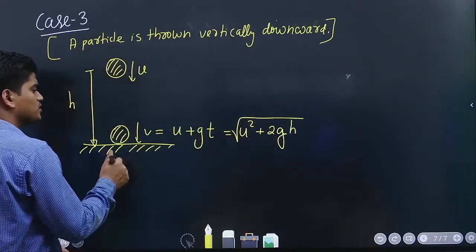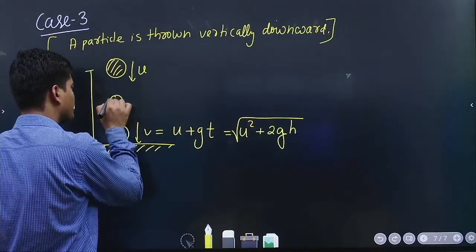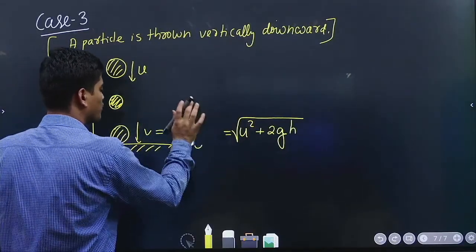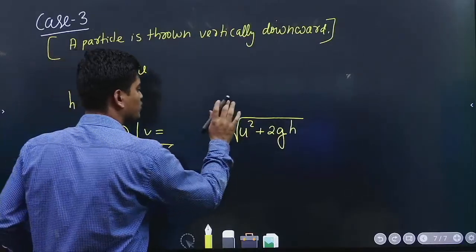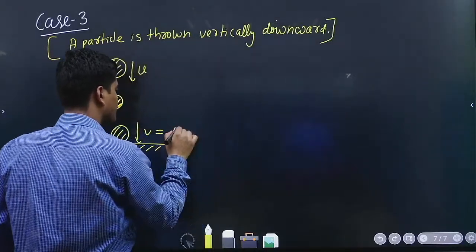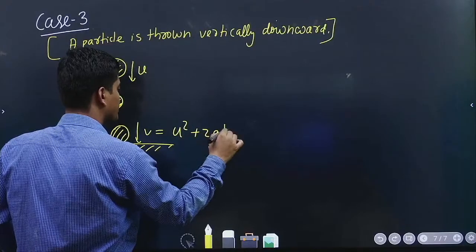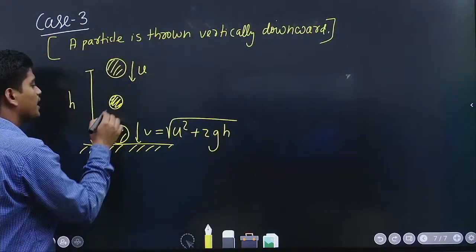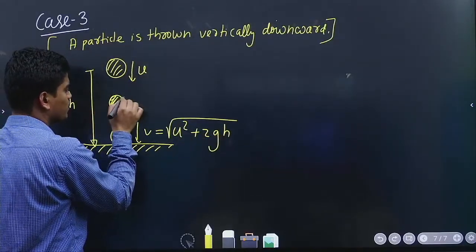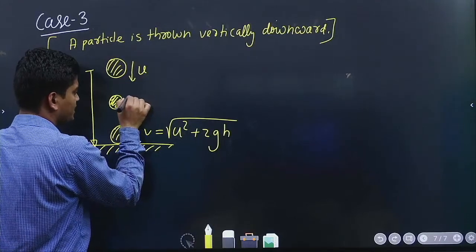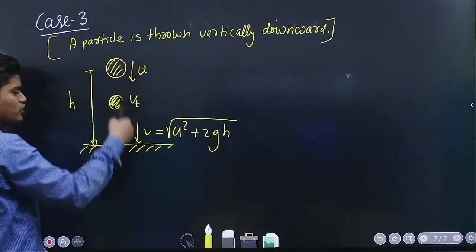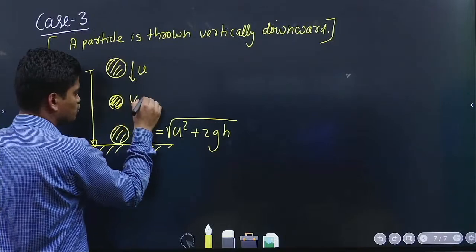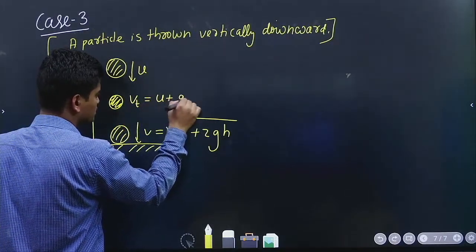Or you can use this expression at a particular time as well. So it is better you keep this formula here itself: root of u square plus 2gh. And here at any time t, vt is nothing but u plus gt.